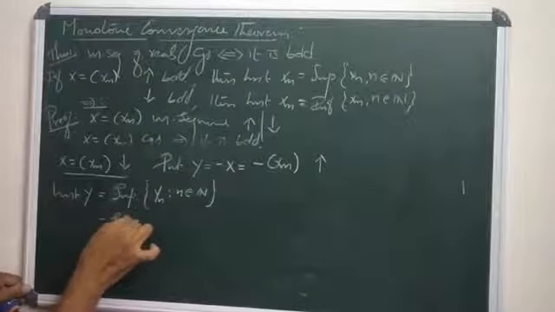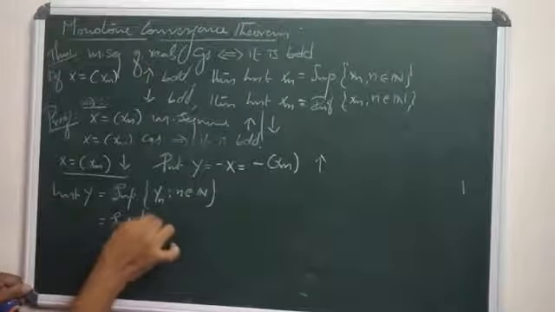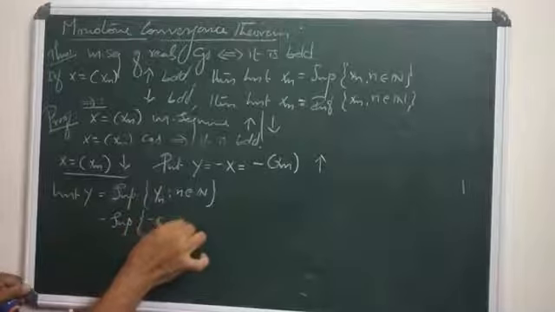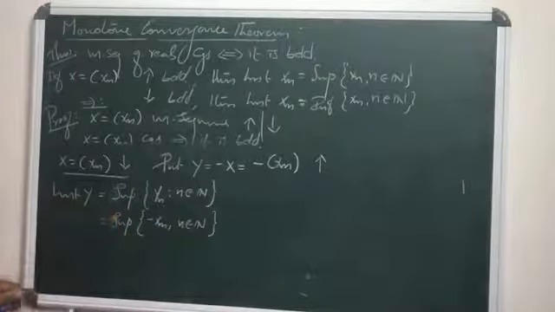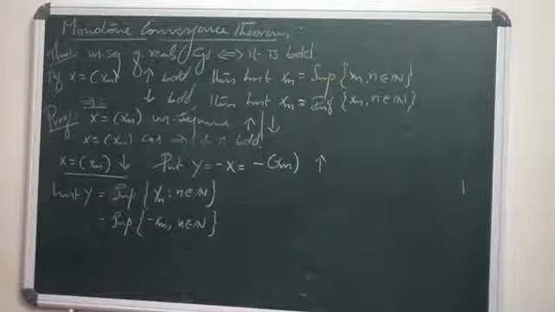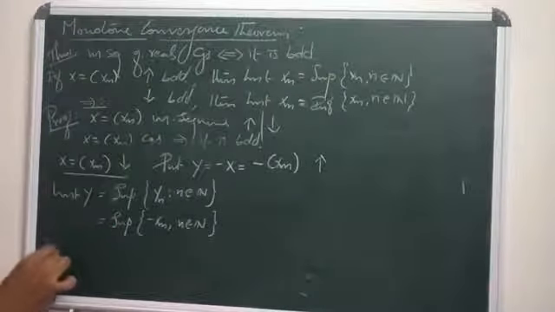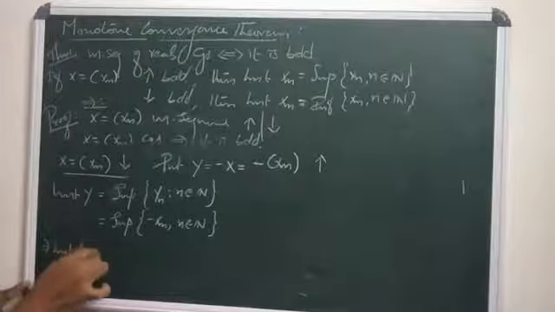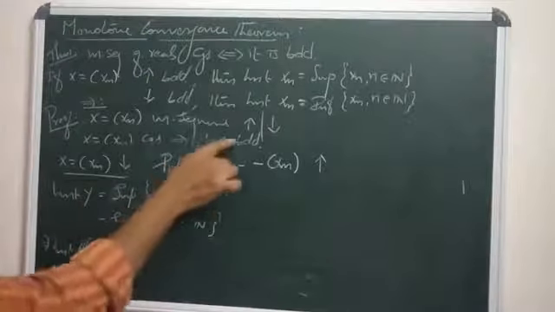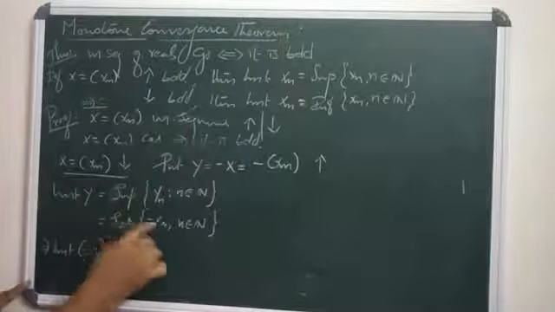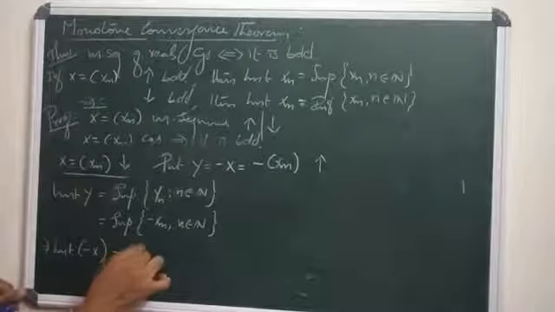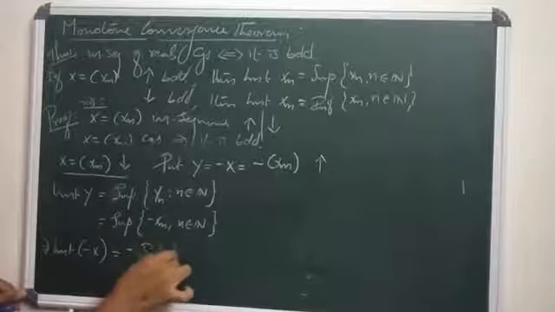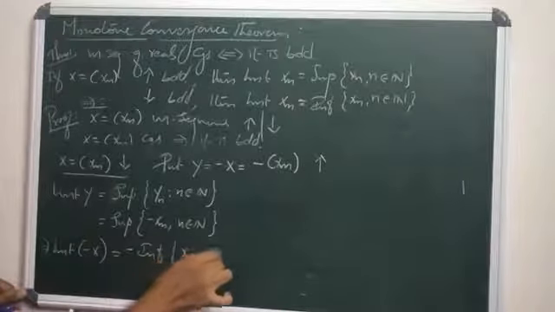That is the supremum of minus xn, where n belongs to N. So limit of y, y means minus x, limit of minus x equals the supremum of minus xn. What is the supremum of minus xn? We know that the supremum of minus xn is minus the infimum of xn for all n belonging to N. This is also a proved result.